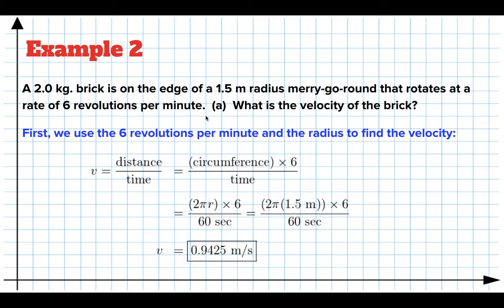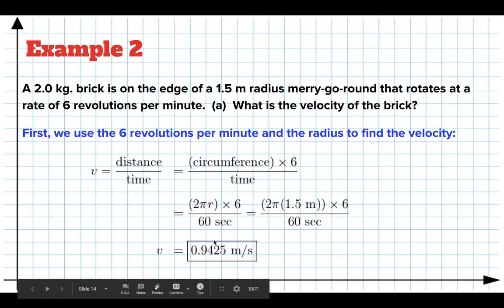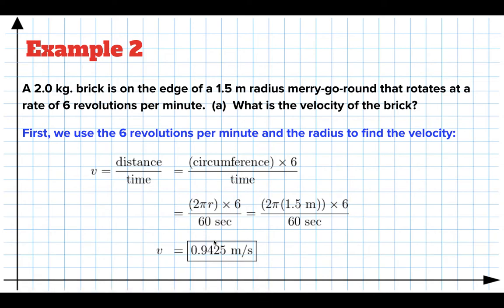If it makes 6 revolutions per minute, that's 6 times the circumference divided by 1 minute. The circumference is 2 pi r. We multiply that by 6. That's the total distance, and the time is 60 seconds. Plug in the numbers, and you get 0.9425 meters per second. So you can use revolutions per minute and the radius to find the velocity.